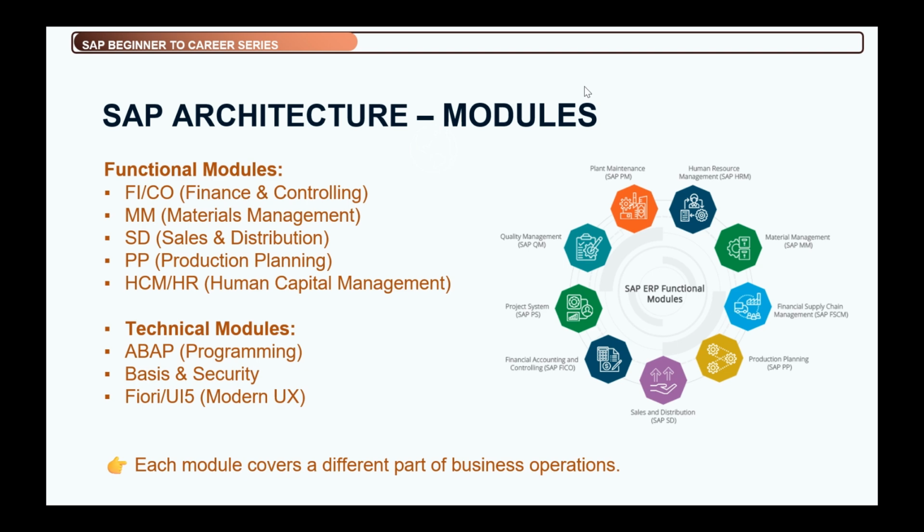First one is ABAP. We use the ABAP module for programming. Now, as I mentioned, SAP is an ERP software solution. It has a developed framework. It has a developed set of transaction codes within the system. And if our company wants something more than the given solution, we need to go for customization.